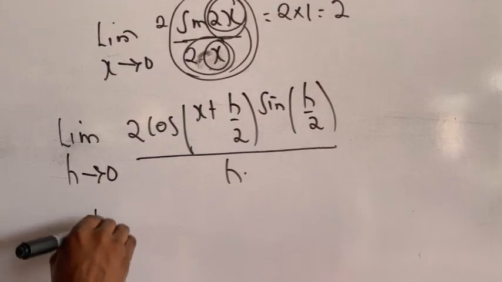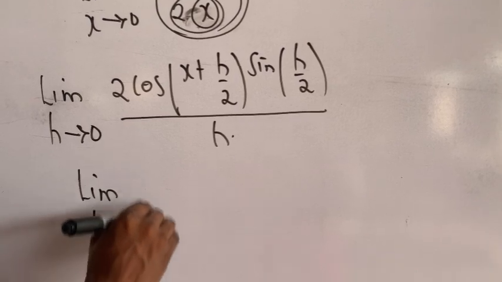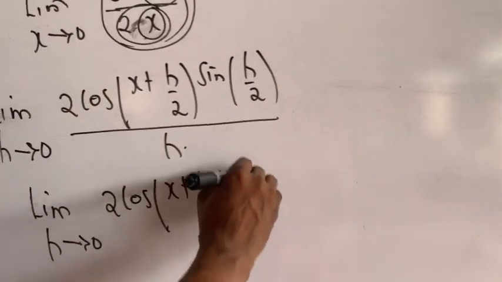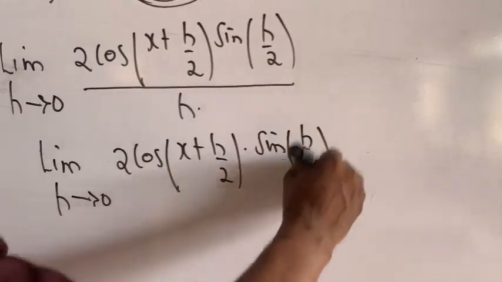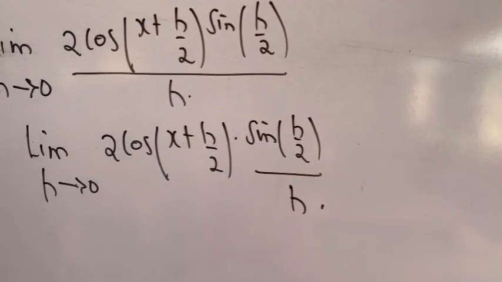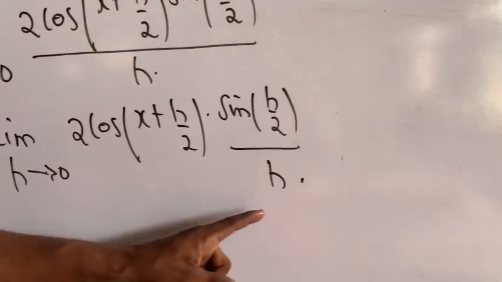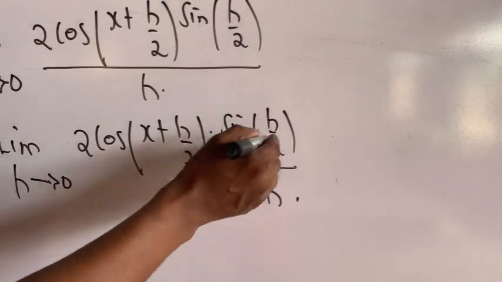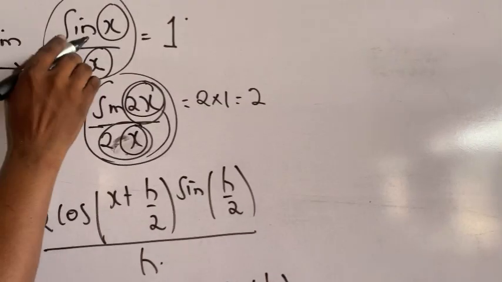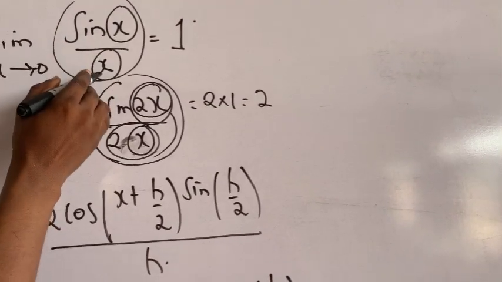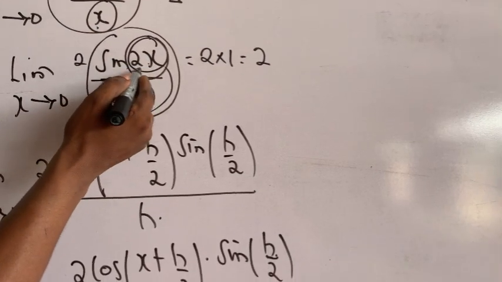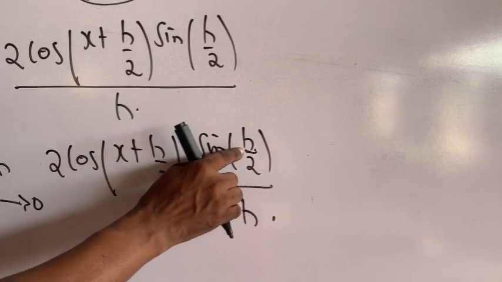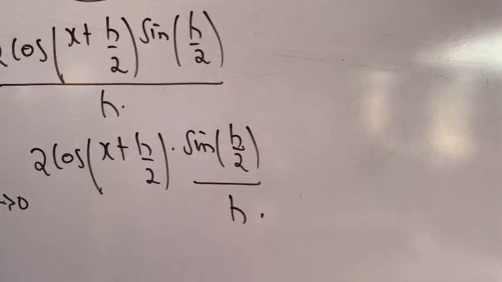So I can write this as the limit as h tends to 0 of 2 cos(x plus h over 2) times sin(h over 2) over h. So here is yet to satisfy the condition for special limits. Why is it so? Like we discussed earlier, whatever I have after the sine must be equal to whatever I have in the denominator. After the sine is 2x, what I have in the denominator is 2x. So if we bring that knowledge here, what I have here is h over 2.